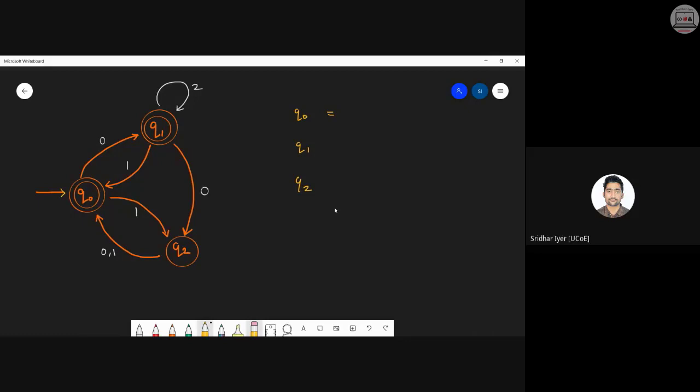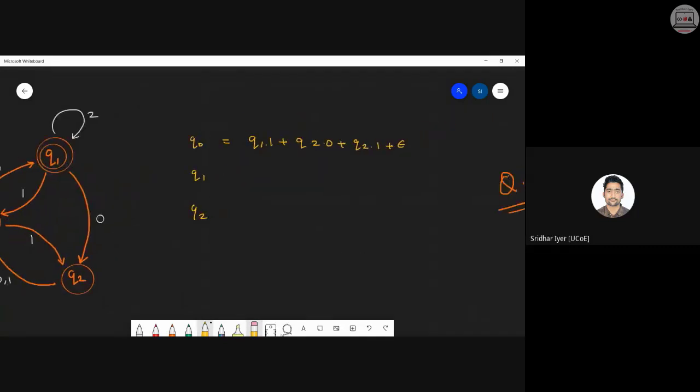So Q0 can be written as Q1.1 + Q2.0 + Q2.1 + epsilon. I can combine it together as Q2.(0 + 1) to save space, plus epsilon.